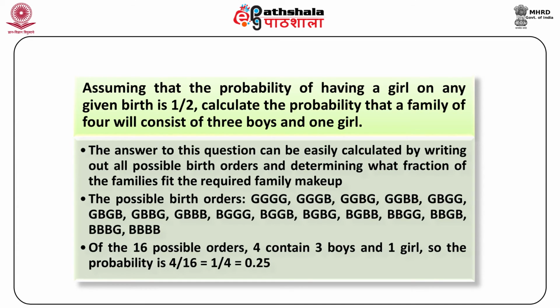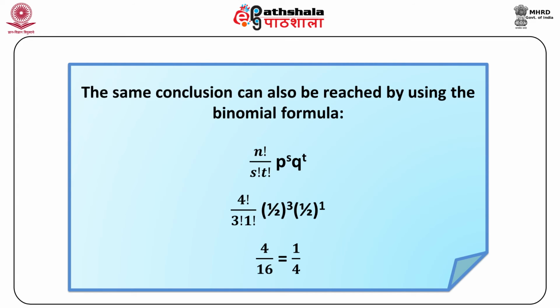The same conclusion can also be reached by using the binomial formula, that is n factorial divided by s factorial multiplied by t factorial, which in whole is further multiplied by p raised to the power s and q raised to the power t.